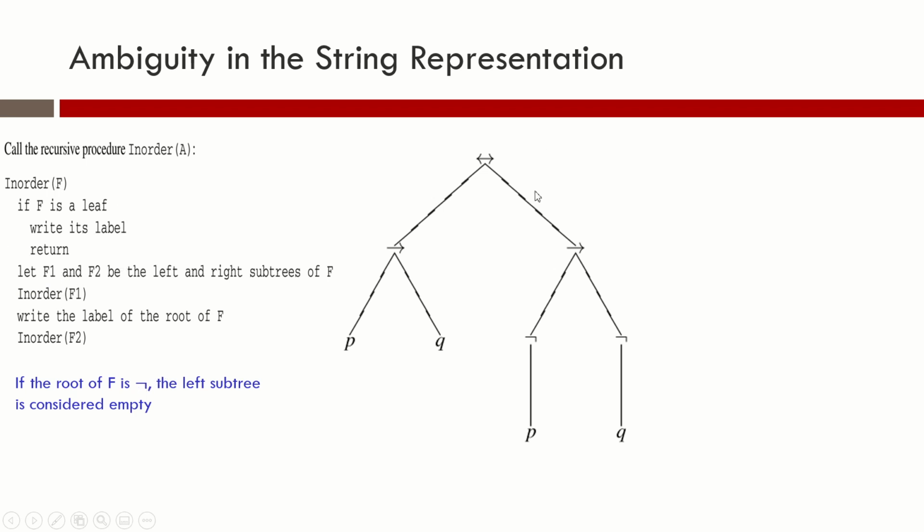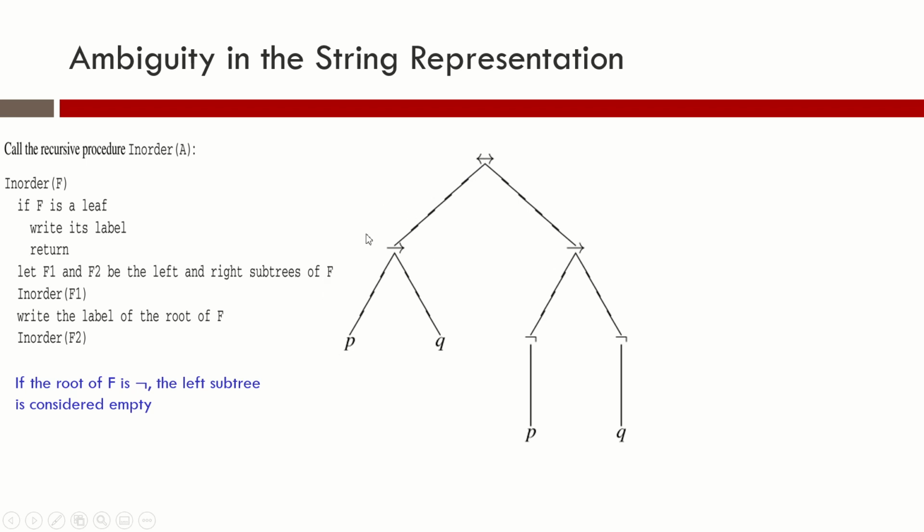Now when we perform in-order traversal on this particular tree, we start with the root. The root is not a leaf, right? So we skip this part, and then we perform in-order on F1 and F2, which are the left and right subtrees of F. So first we call in-order on the left subtree.